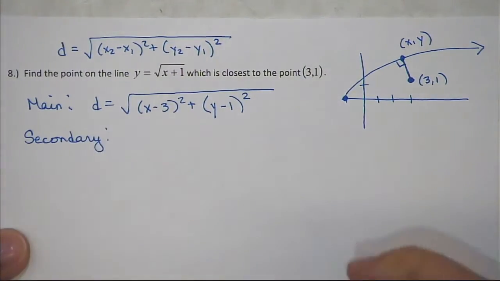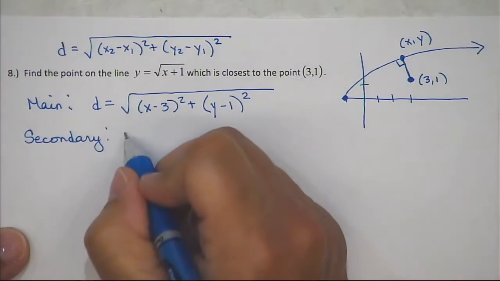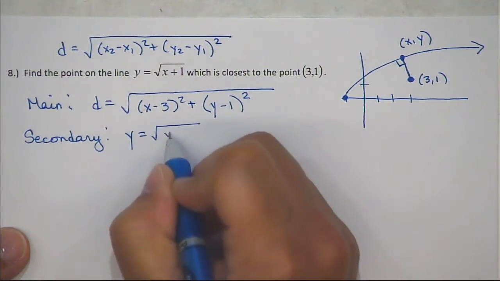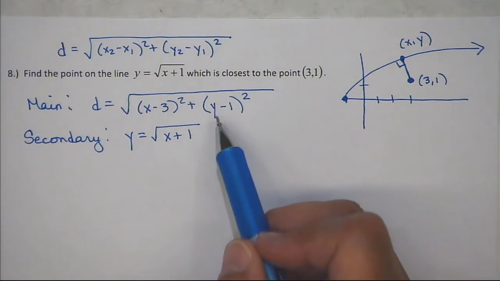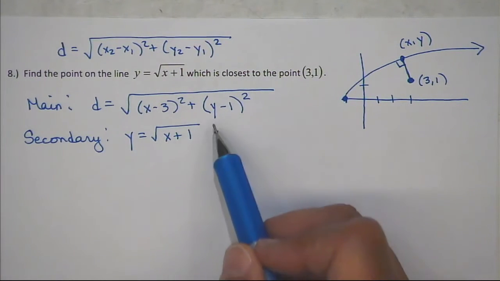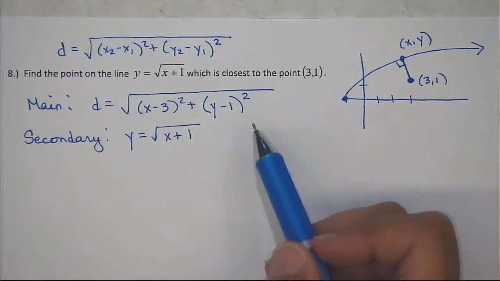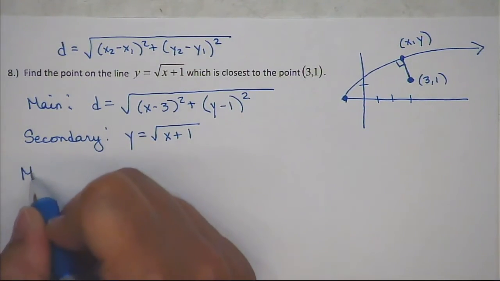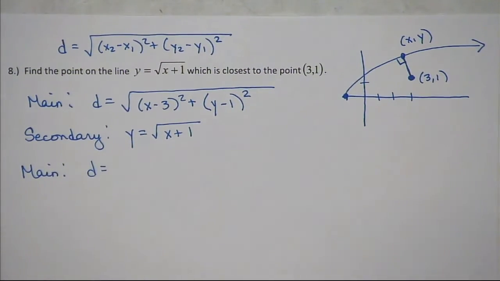So your secondary is right there, y equals the square root of x plus 1. So now I can take my main equation, get rid of this y by substituting in what y is equal to, and then everything's in terms of x. That's what I want. I have to get down to one variable. All right, it's going to look nasty, but we can do it.